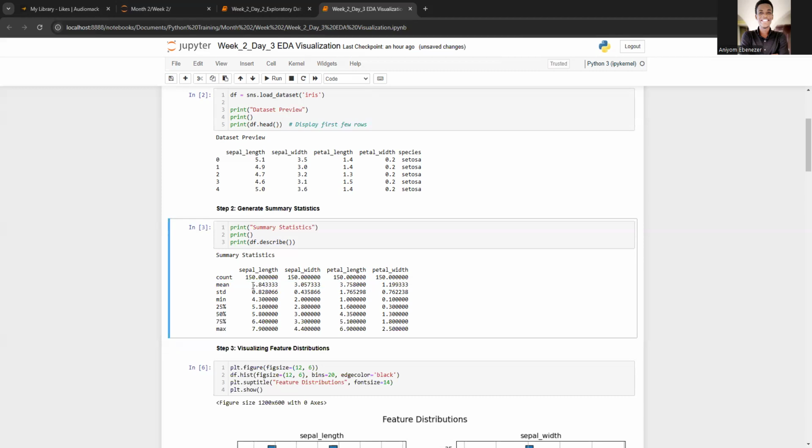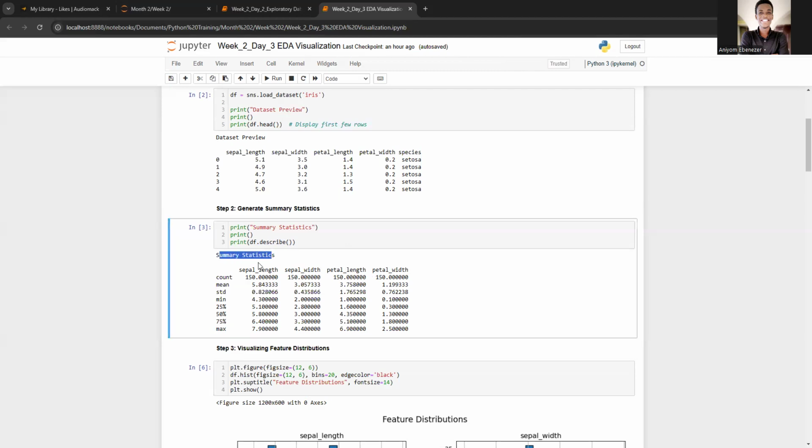So here I have an average sepal length of 5.84, and then the average sepal width to be 3.05, the petal length to be 3.75, and the petal width to be 0.76.